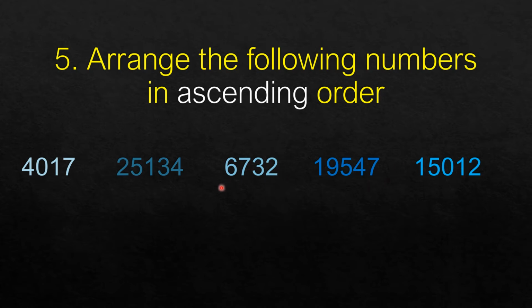So first to find the smallest, we see the smallest number of digits, 4-digit, 4-digit. Now we compare these two numbers, which one is smallest? Yes, 4017 is the smallest. Now the second number, yes, 6732.